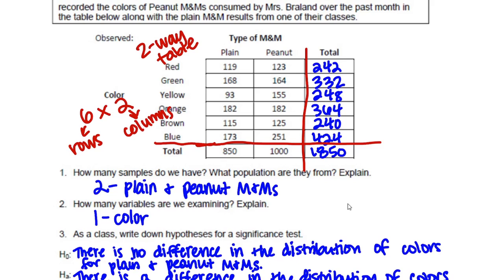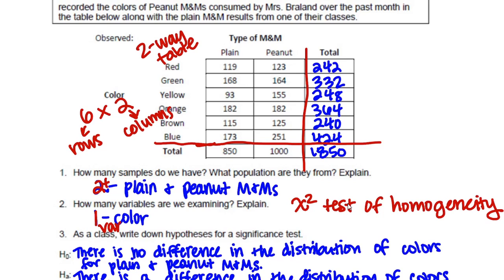We have 2 or more samples. So when we have 2 plus samples, that is what makes this a chi-square with one variable. That's going to make this called a chi-squared test of homogeneity.